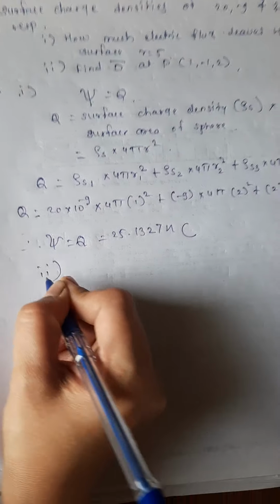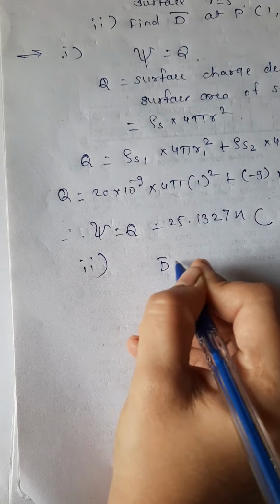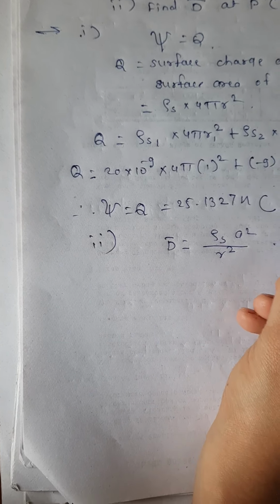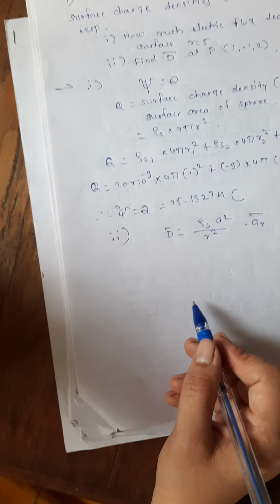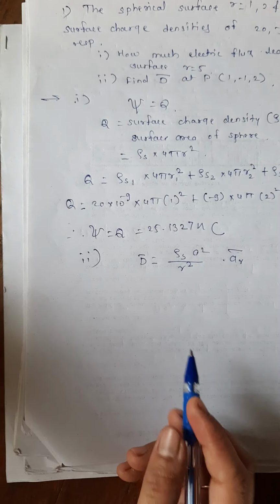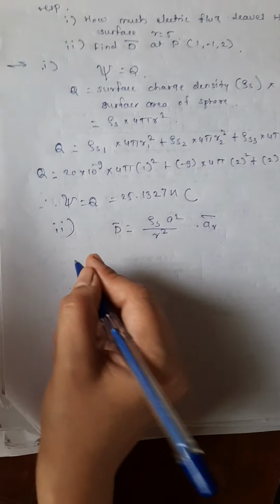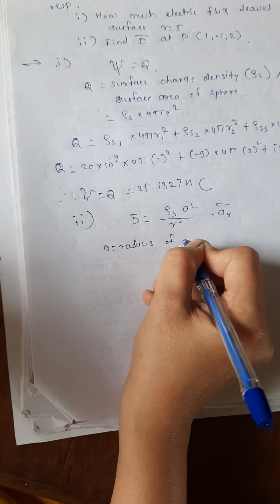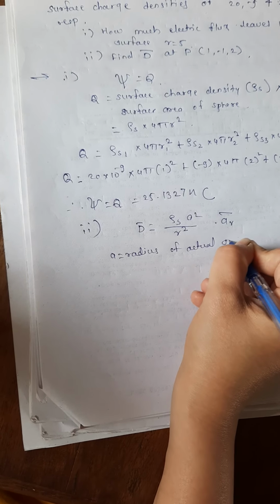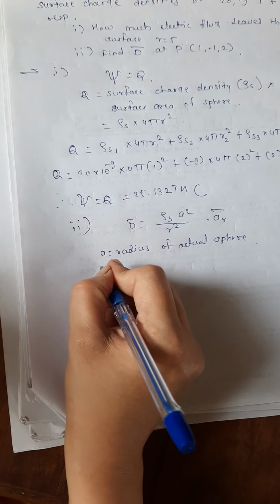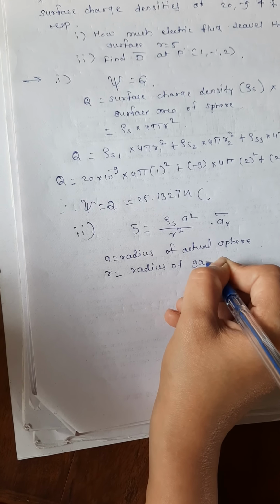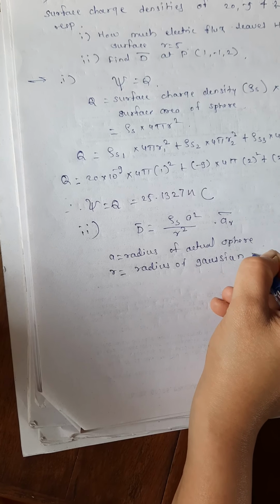Now second, we have the equation of D bar. D bar is equal to rho s a square by r square a r bar. Here a is the radius of the actual sphere and r is the radius of the Gaussian sphere.